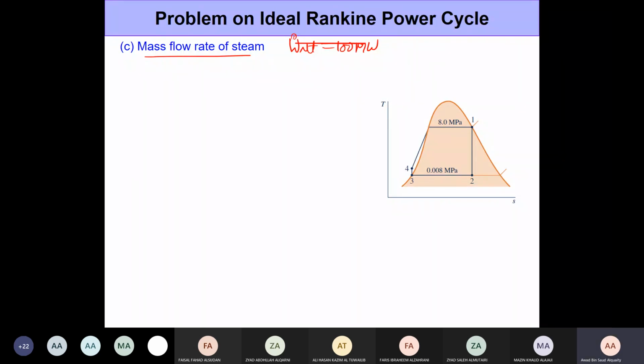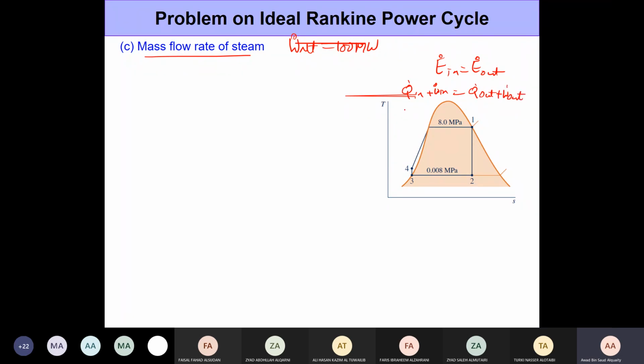Energy balance equation. Okay, so you want me to do energy balance for the entire cycle? Yes, we can do energy balance for the entire cycle, but what we're going to get is heat in plus work in is equal to heat out plus work out.